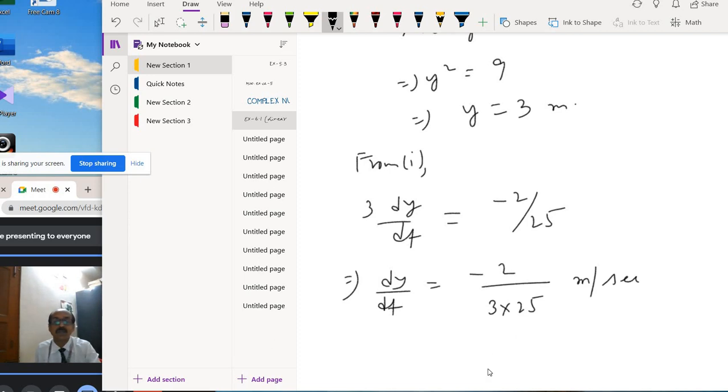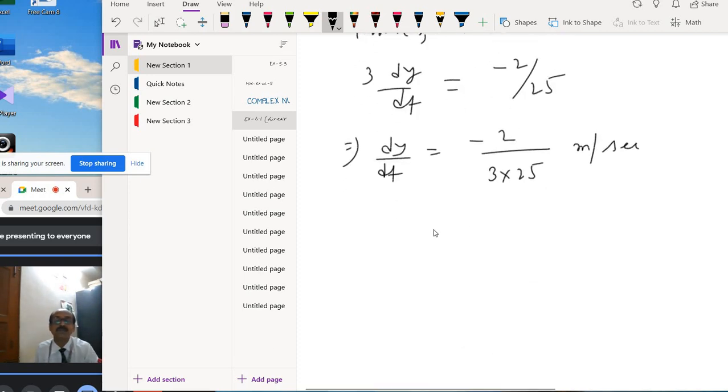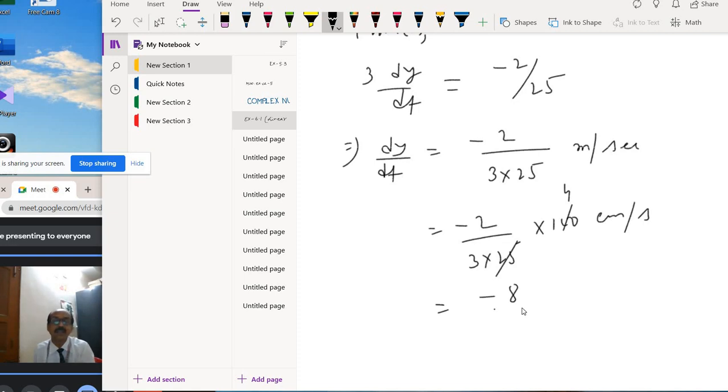Now convert into centimeter, multiply by 100: minus 2 by 3 into 25 into 100 centimeter per second. So 25 into 4 is 100, 4 into 2 is 8, that is minus 8 by 3 centimeter per second. This is dy by dt, this is the answer.